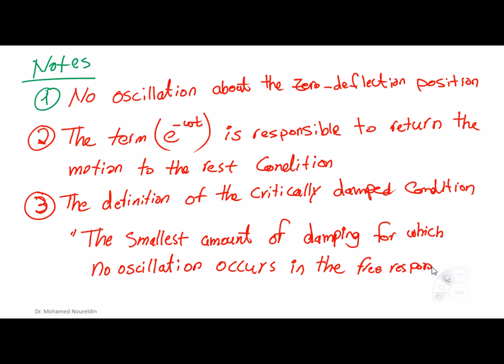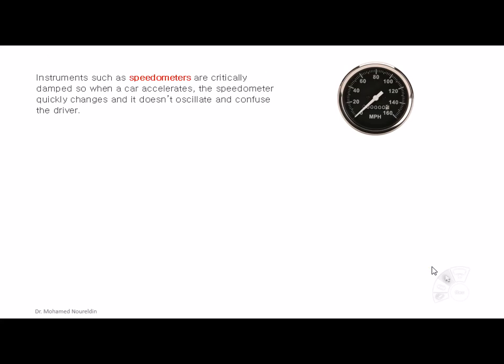Okay. And the last thing is going to be some examples for our critically damped system. There are different examples actually. I'm going to start with instruments such as speedometers, which are critically damped. You can find it in your car, for example. When a car accelerates, the speedometer quickly changes and it doesn't oscillate and confuse the driver.